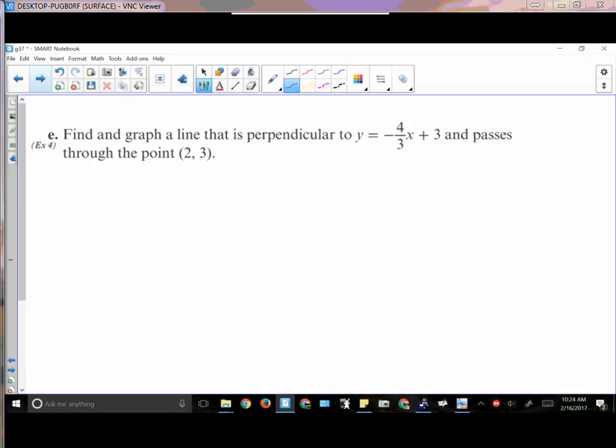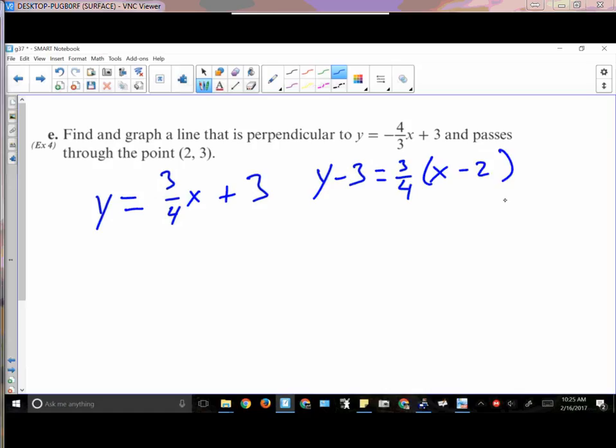So, Caleb, you got an equation for it? Like that? All righty, let's see if this is actually going to work out. So we want perpendicular, so we got a slope of negative 4/3, so 3/4. We got the right slope, so it's going to be y minus 3 is equal to 3/4 x minus 2.